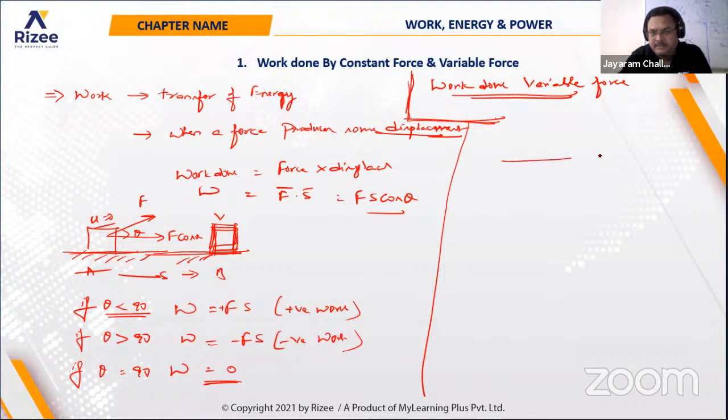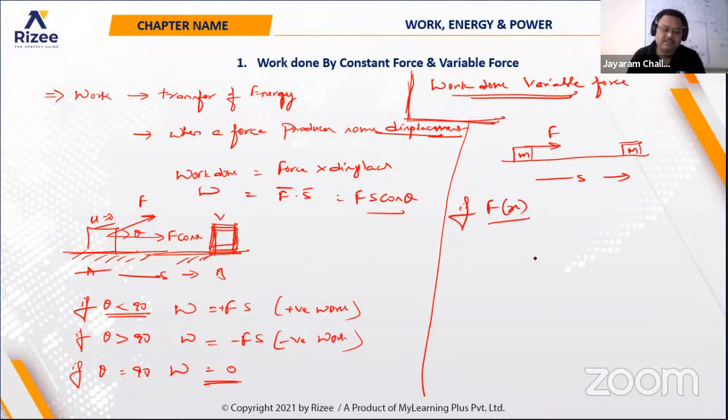For example, there is a block whose mass is M, and we are applying certain force on this one, and this block makes a certain displacement S. If the force is a function of x, that means it is changing with respect to x, then at every instant there is a change.